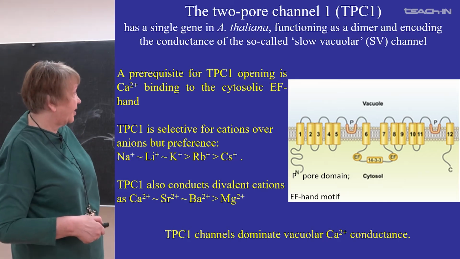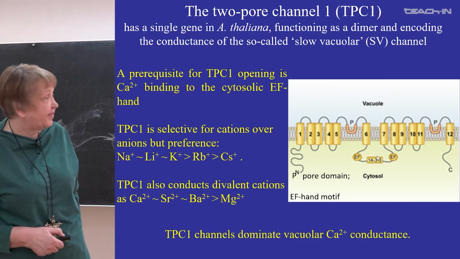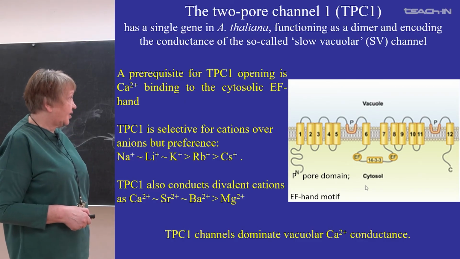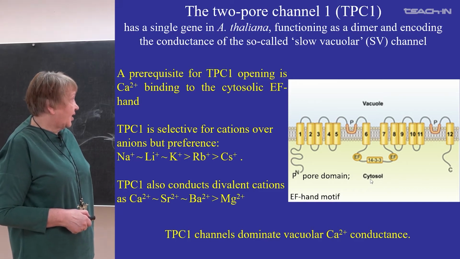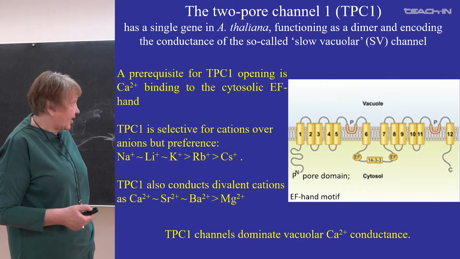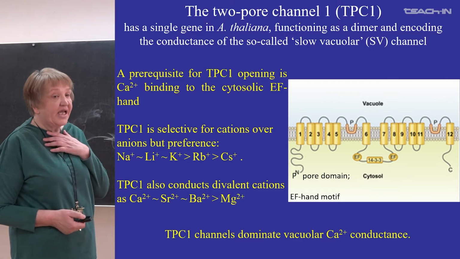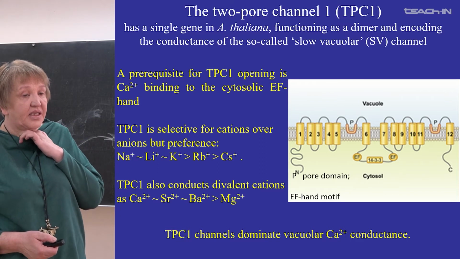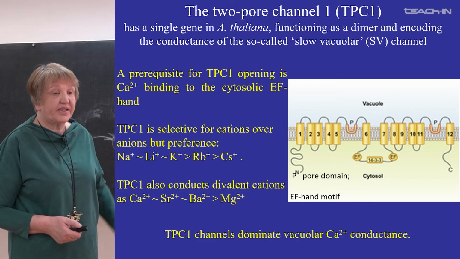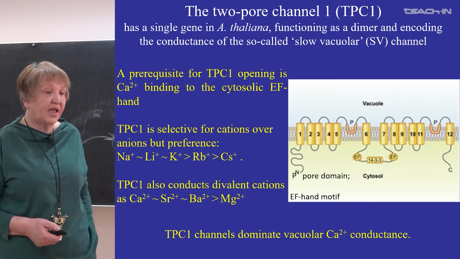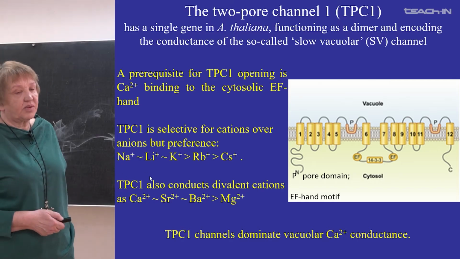It is binding of calcium to the cytosolic domain, the two EF hands. It is located in the tonoplast, and it's selective for cations and or anions, and it also conducts divalent cations, and calcium it conducts quite well.